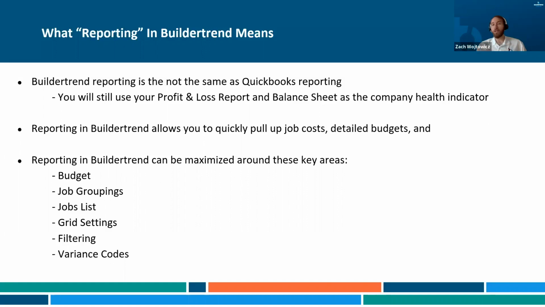Now in Buildertrend, there is a budget tab, and it's pretty easy to get confused because you might think how you run your budget is how the system would actually run its budget, and that isn't necessarily the case. So you want to keep in mind that the budget in Buildertrend is exclusively for internal budgeting. A lot of people want to use that budget for their customer, and I understand why they want to do that.